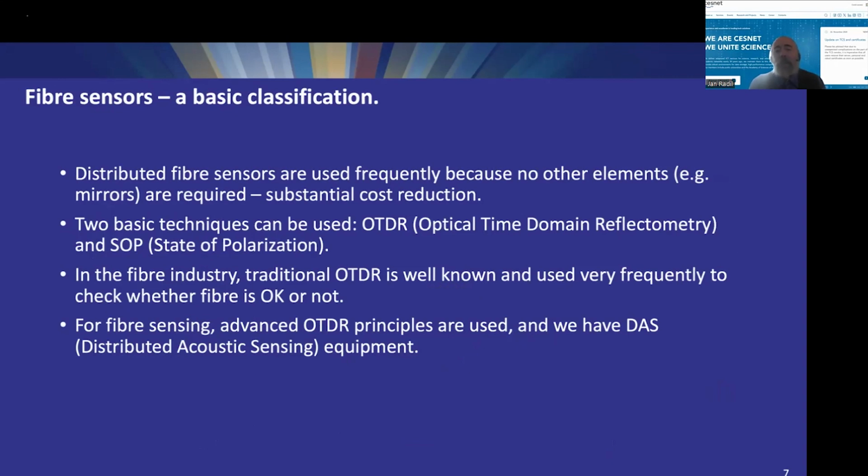In the fiber industry, traditional OTDR has been well known for the last 30, 40 years, and is used very frequently to check whether your fiber is okay or not. For fiber sensing, we do use advanced principles, but the basic principle is just OTDR.